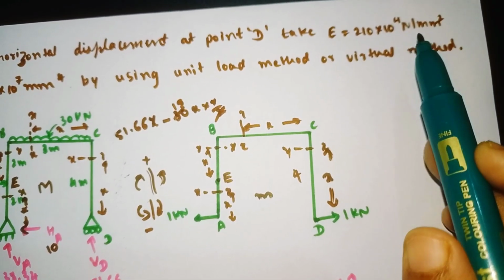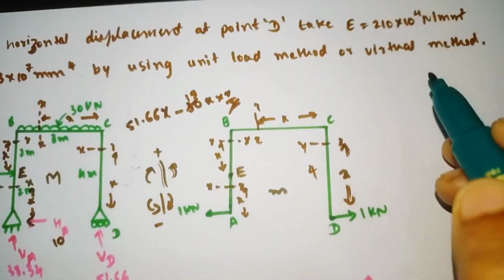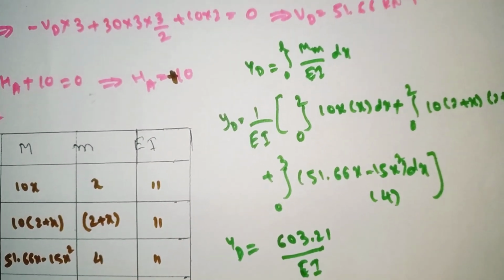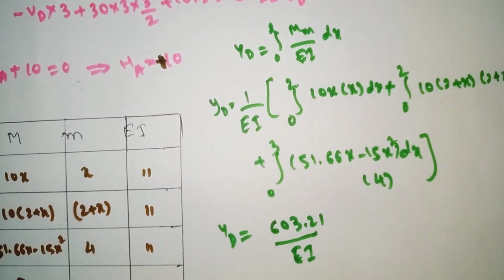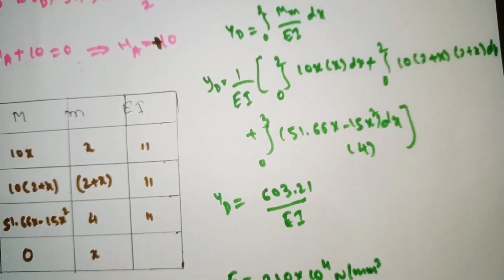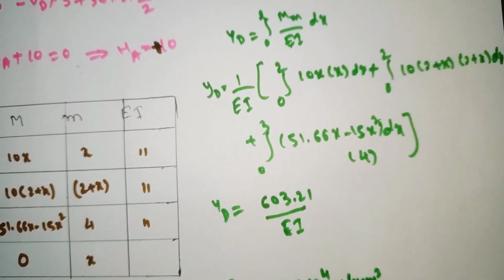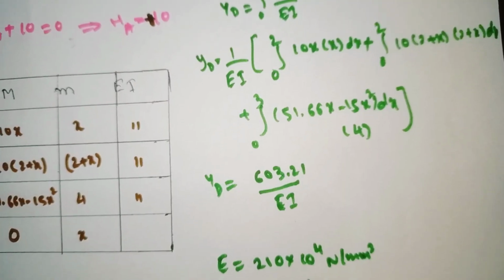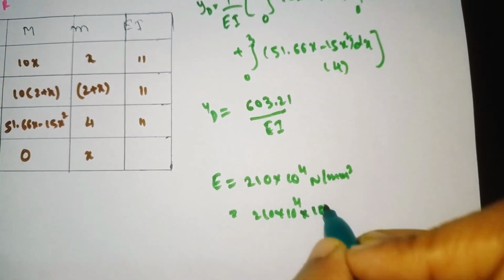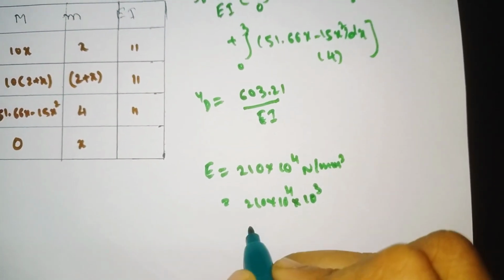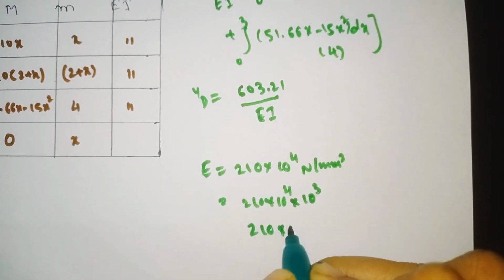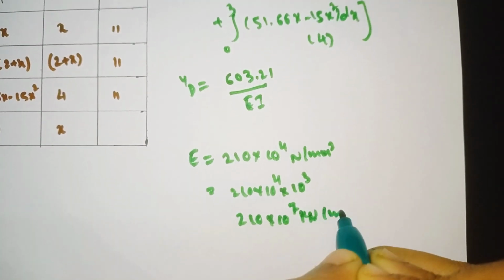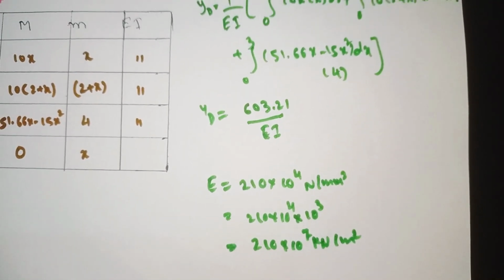Convert this into kilonewton meter, so we need to multiply this by 10 to the power of 3. It will come out as 210 into 10 to the power of 7 kilonewton per meter square. We need to make it into meter square.